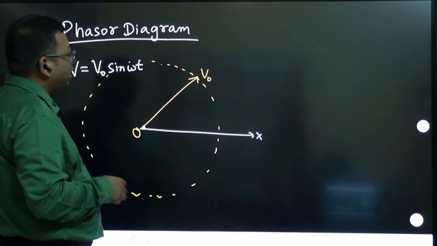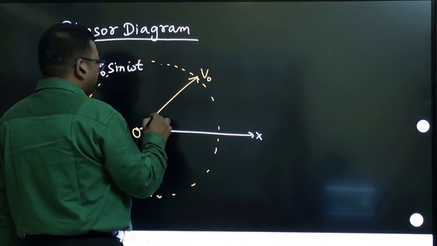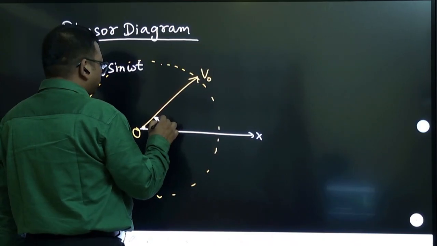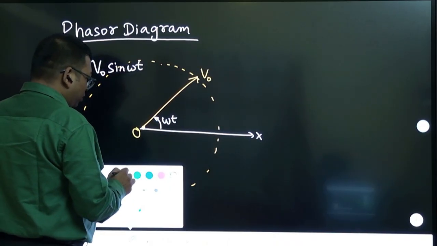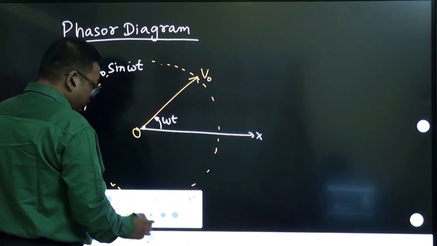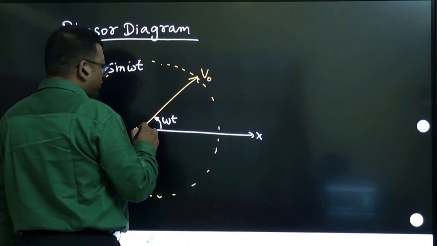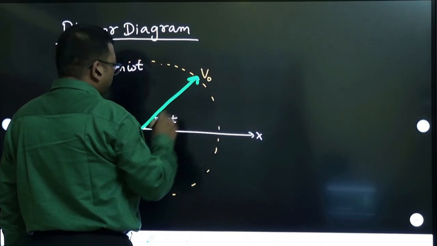At a given time, let us say it is making angle omega t. We are assuming that initially this radius vector, called the rotating vector, was here.